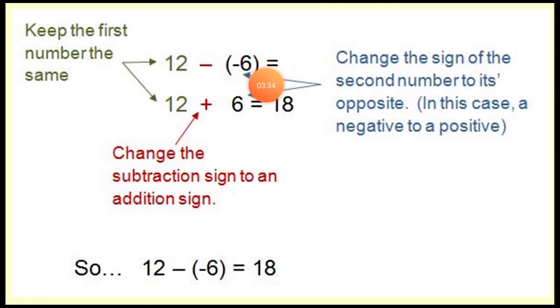Then the next integer is a negative integer, so we change it to its opposite sign. If it is negative, we make it positive. So you can see here 12 added with 6 will give us 18. So we can write here 12 subtracted with minus 6 will be equal to 18.